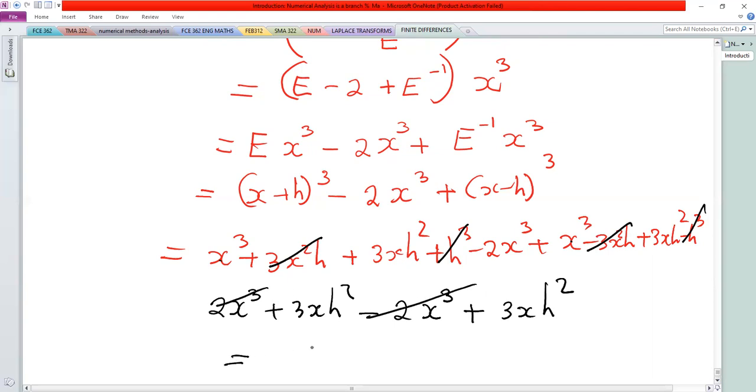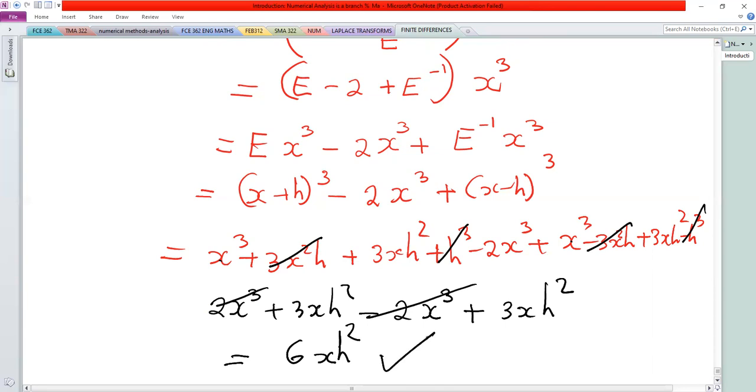So we'll have 6xh squared. So that will be the sum of those two.